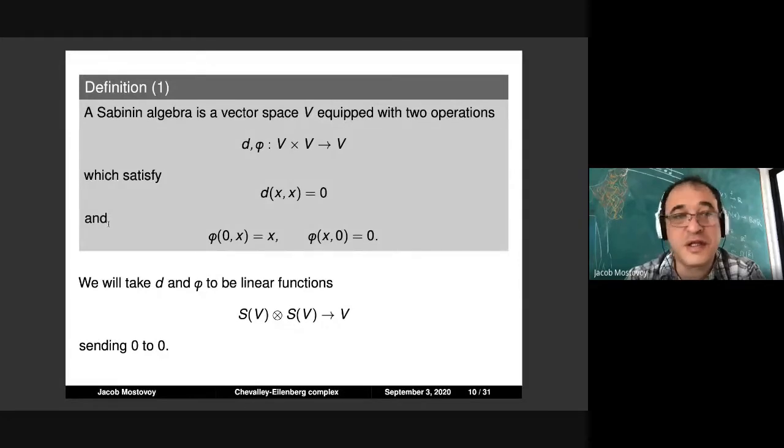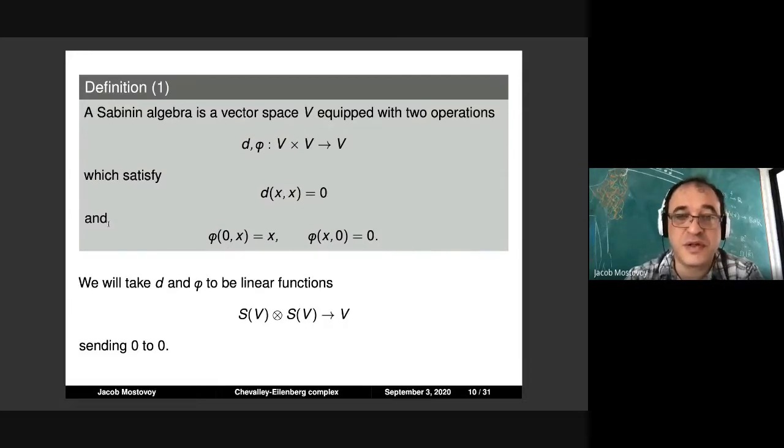So let me tell you the definition. Let me tell you several definitions. This is the last definition that was given by Sabinin. Sabinin gave three definitions. Two of them were with Mikheyev. This is the third definition that appears in his book. A Sabinin algebra is a vector space with two operations, which satisfy these very simple identities.